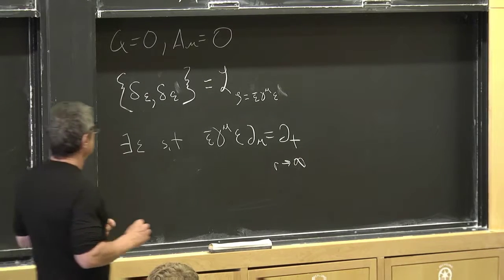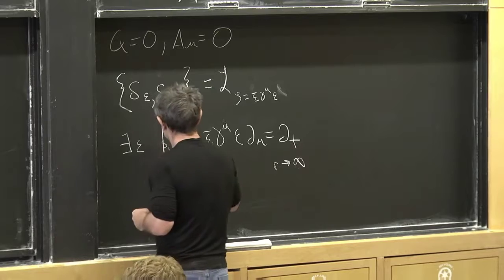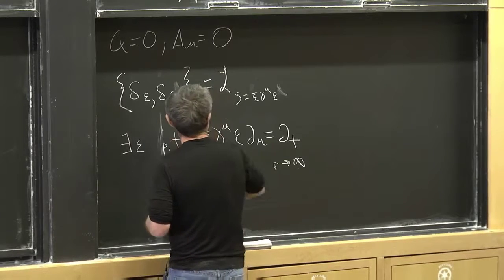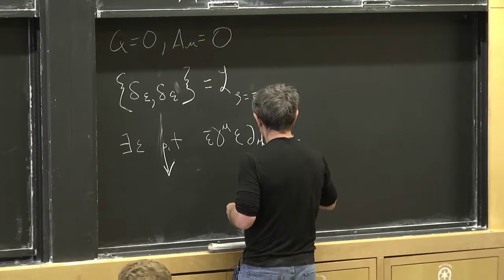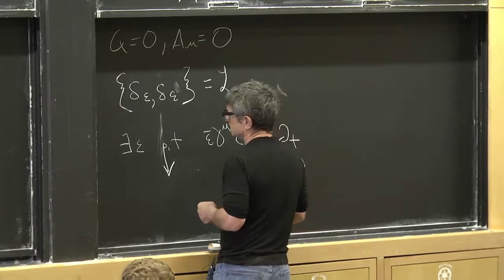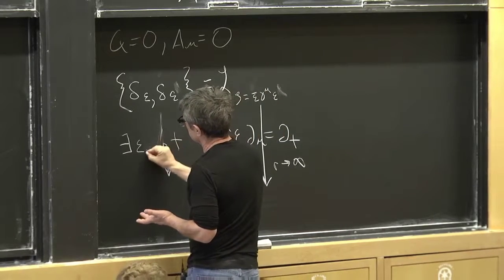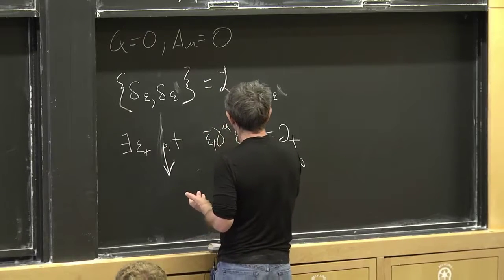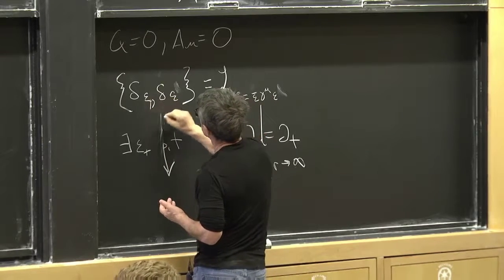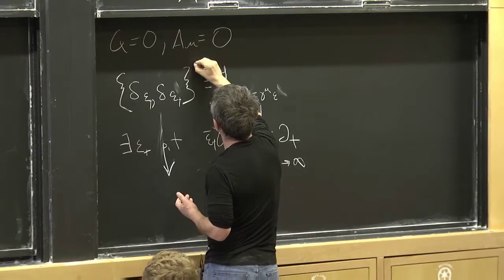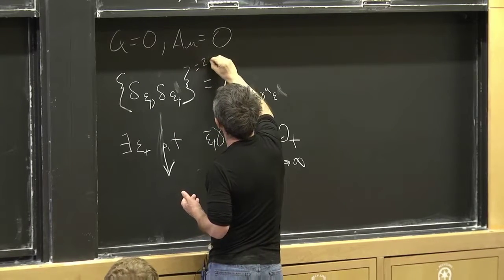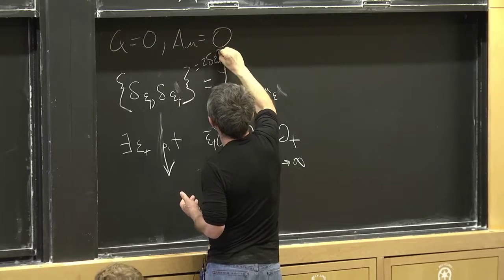So the anti-commutator becomes a time translation for that epsilon, which I'll call epsilon t, equal to 2 delta epsilon t squared.